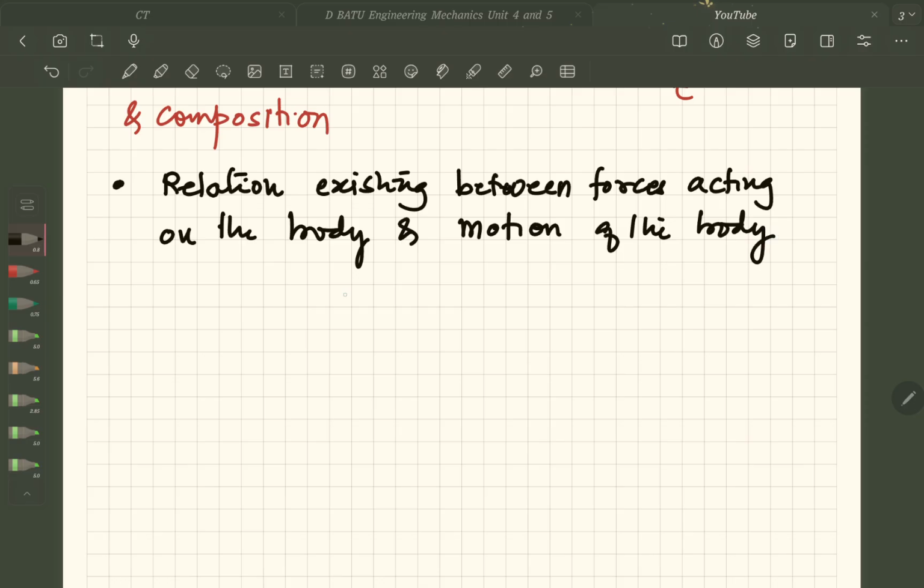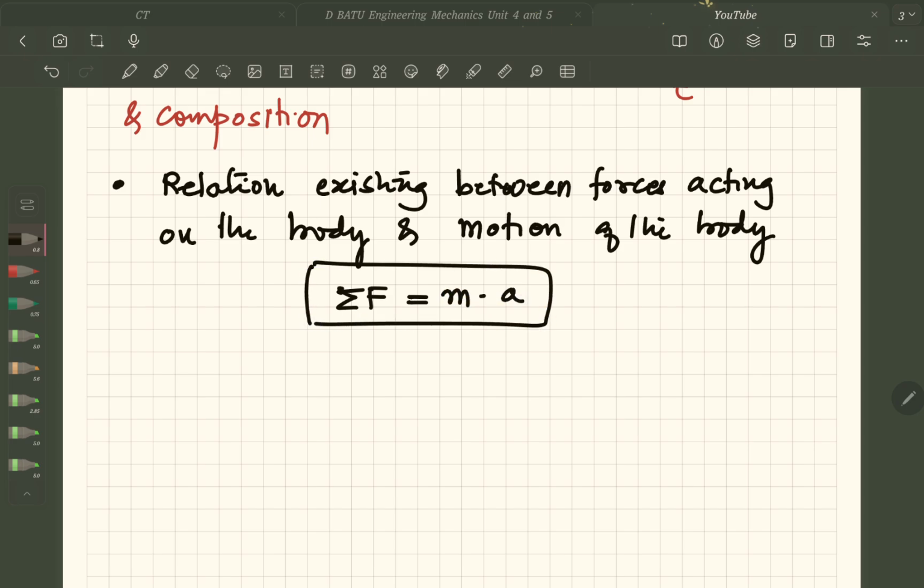As we have seen, the forces acting on the body is the summation of F, and the object is going to have a mass m, and the motion of the body is the acceleration. So we are going to deal with this particular part.